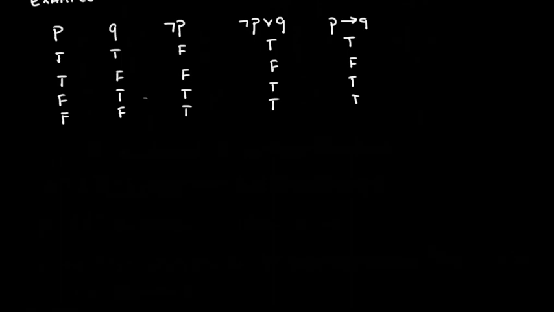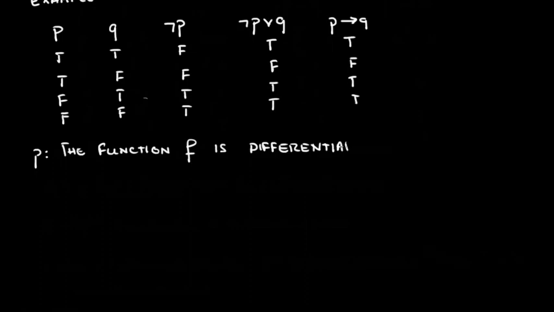So let's write an example with these actual statements. Let's say P is the statement, the function f is differentiable. You don't need to know what a function is. You don't need to know what differentiable means.